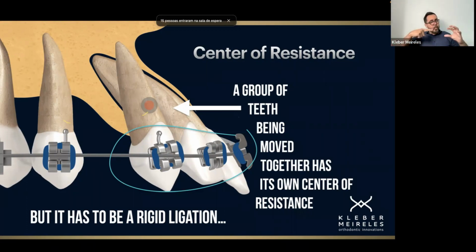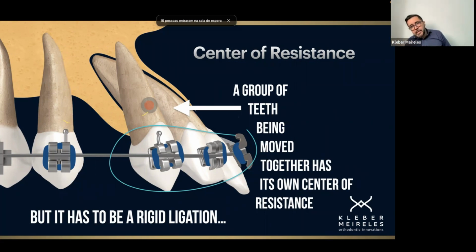Okay, so we are applying the force, we don't have the complete engagement of the wire inside the slot. So we are just applying one force in one point, contacting one point without the couple. Even the couple, you don't have it at part of this moment, because we are just applying this type of movement.